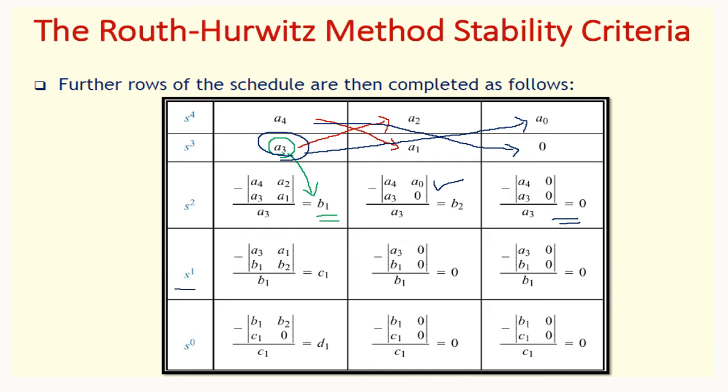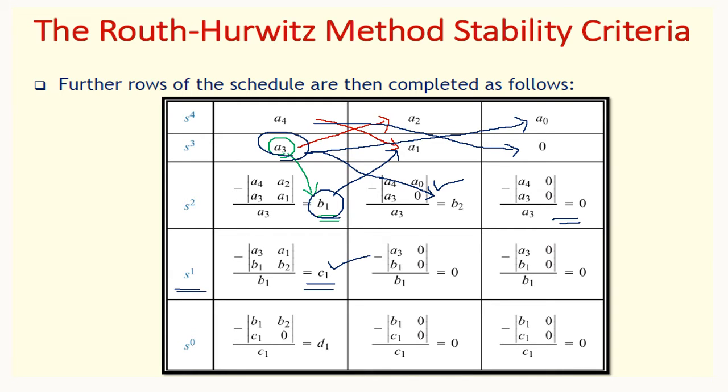Now, in the s to the power of 1 row, we should get C1. How do we get this? So, what we do is we take B1 multiplied by A1, minus A3 multiplied by B2, divided by B1. We get the value C1.